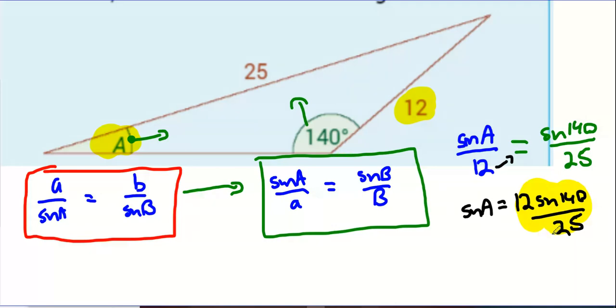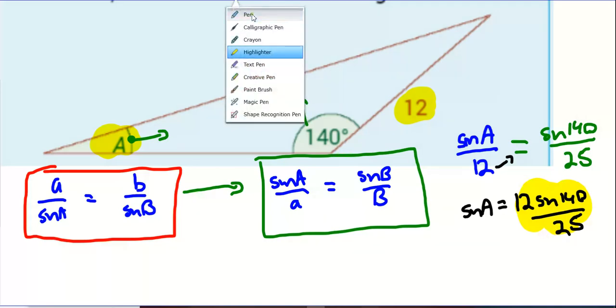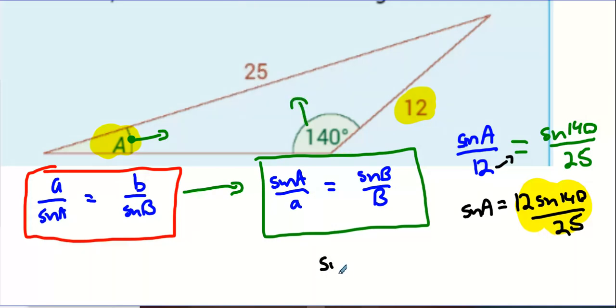Throw it in. Maybe about 3 decimal places will do it. What you get, Roger? 0.08. All right, prediction time.